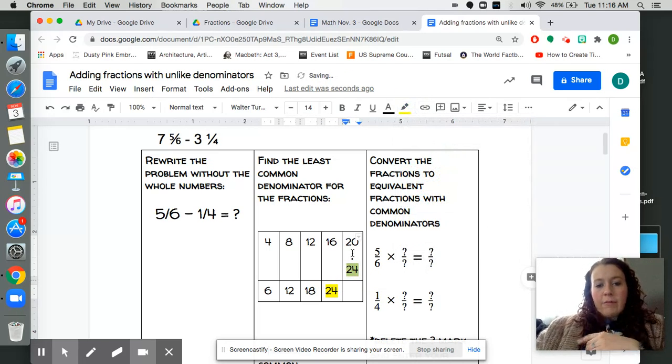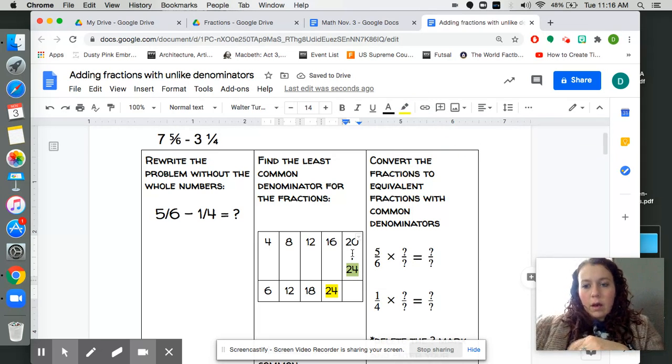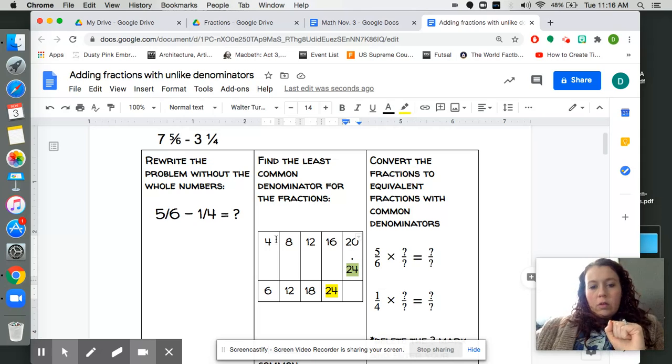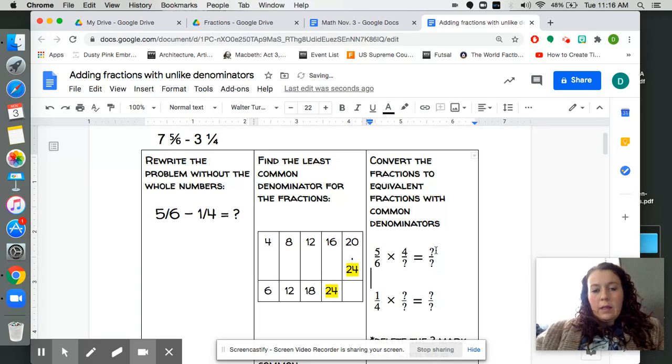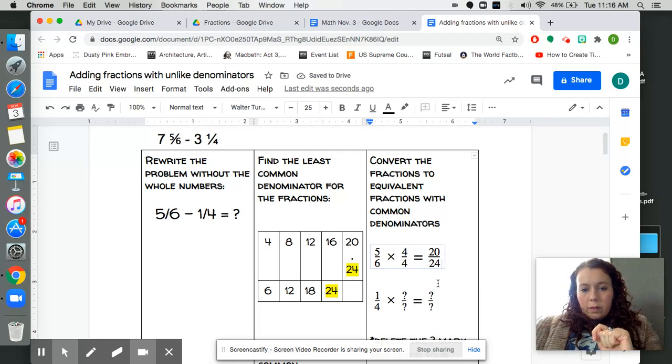And now I have to convert to equivalent fractions with the common denominators. So this part's the same as what we've been doing. So to get 5/6 to 24, I have to go 1, 2, 3, 4 times, which means I'm going to multiply the top and the bottom by 4 to get 24ths. Now I'm going to do 1/4 times something to get 24 on the bottom.